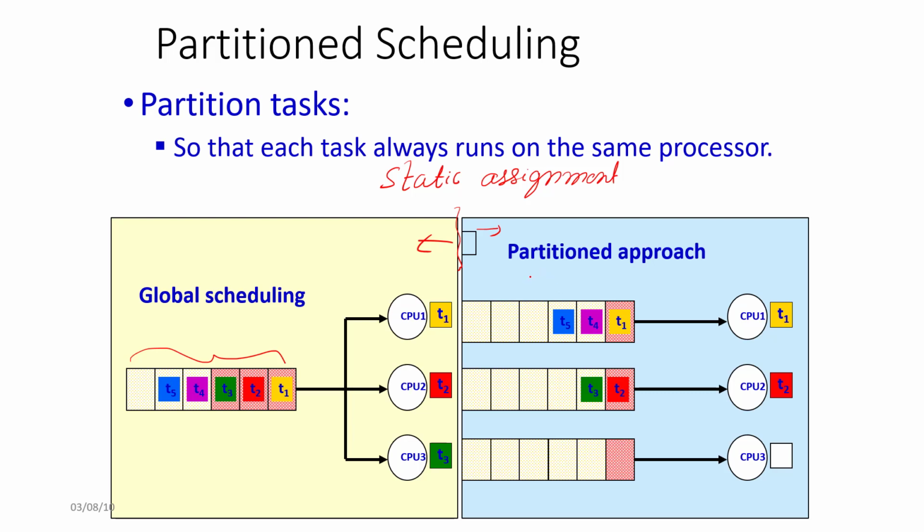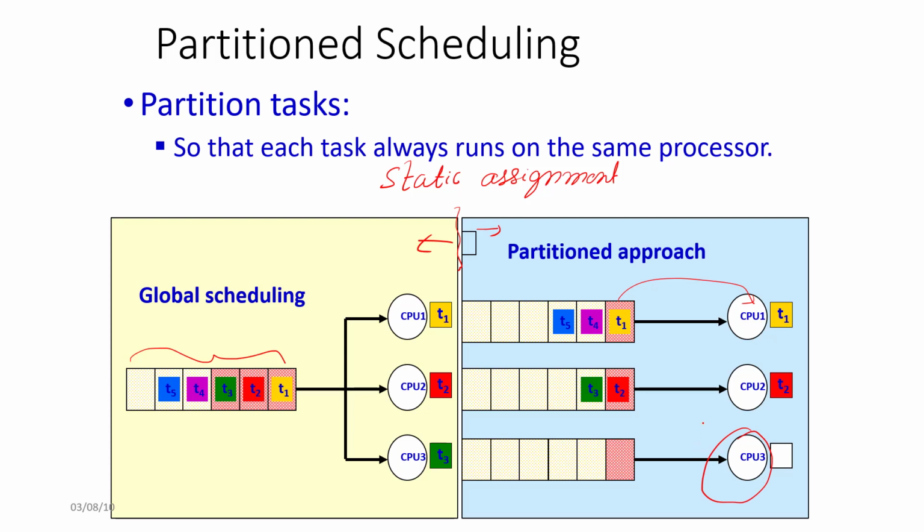The partitioned approach is something like this: we have separate queues, and tasks are pre-assigned to these separate CPU-specific queues. Given they're pre-assigned, T1 goes here and T2 goes here. So it's possible that CPU 3 in this case remains empty because of the static assignment.